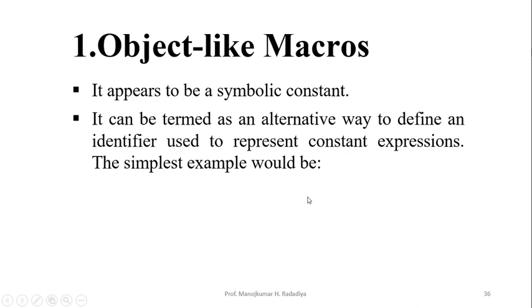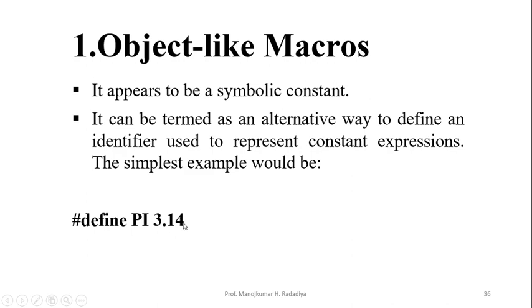The simplest example would be #define PI 3.14. That means over here #define, then a space, the macro name is PI, a space, and the value is 3.14. So that is according to the syntax: #define, macro name and macro value. That comes under the object-like macros.